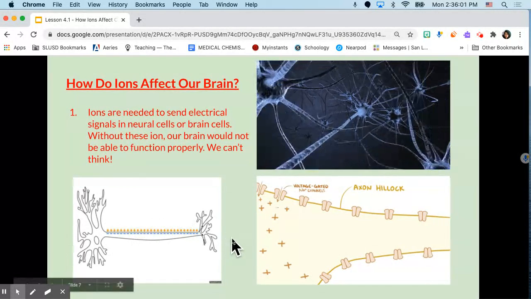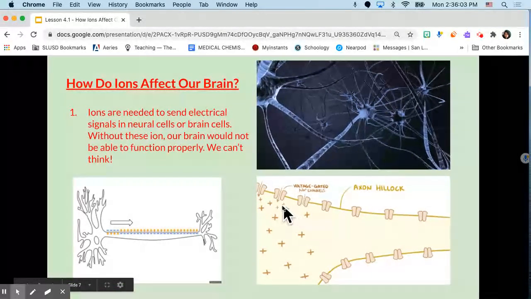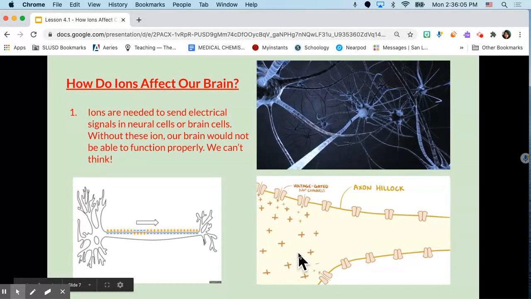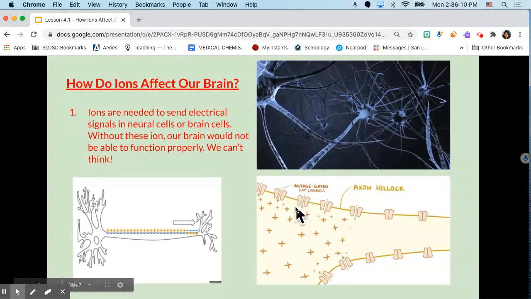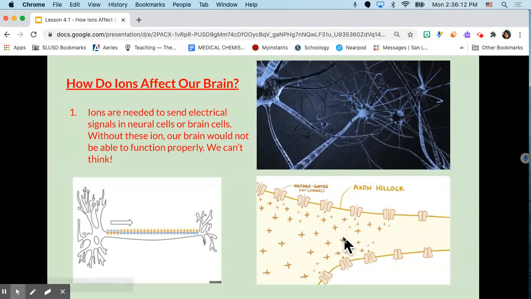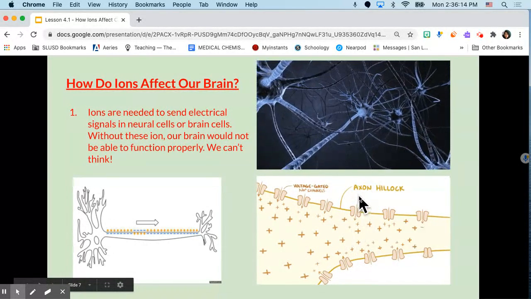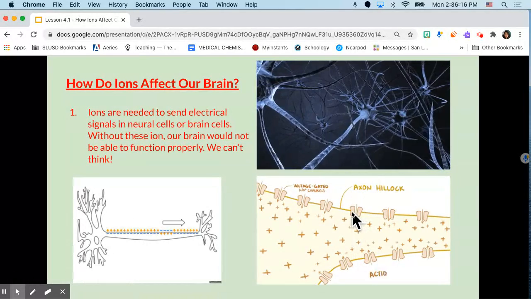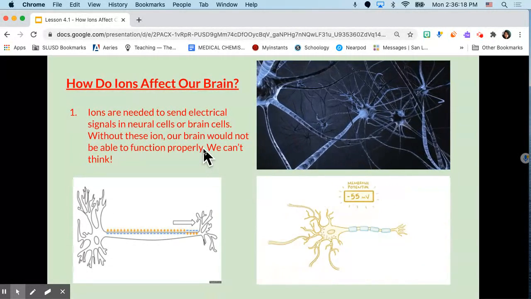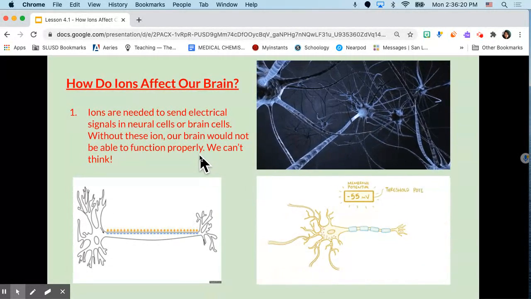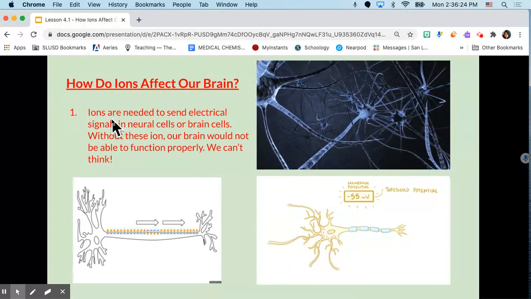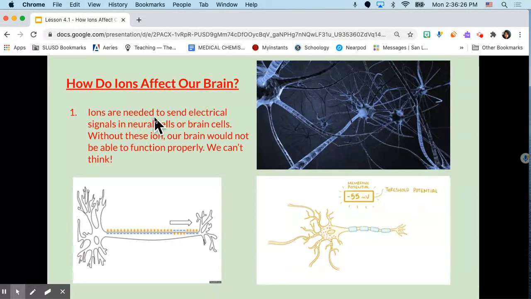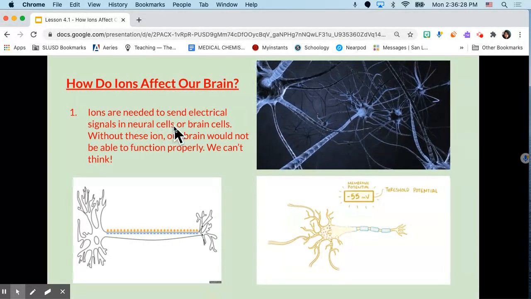And if we could zoom in here, here we have all the positive parts, your sodium ions, rushing into the cell, and what rushes out are your chlorine ions. But in general, I just think it's kind of cool that your brain works like an electrical signal. Just know that ions are needed to send electrical signals in your brain cells.